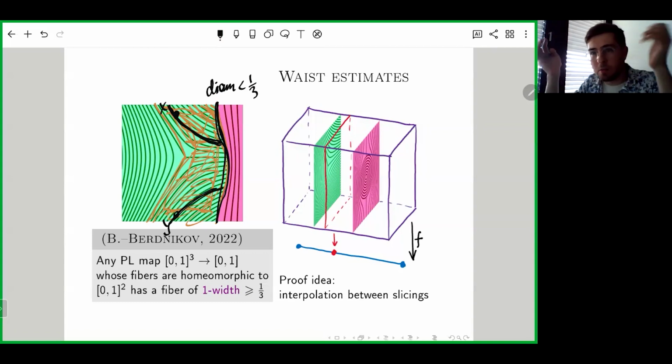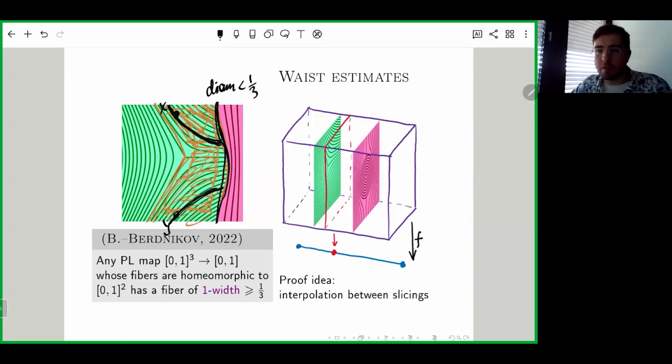Now the merged fiber will have diameter less than 1. The distance between X and Y will be less than 1. And therefore, I managed to slice my whole three-dimensional cube by a two-dimensional family of leaves, each of them having diameter less than 1. But this is impossible because the original three-dimensional cube had Urysohn two-width exactly 1.